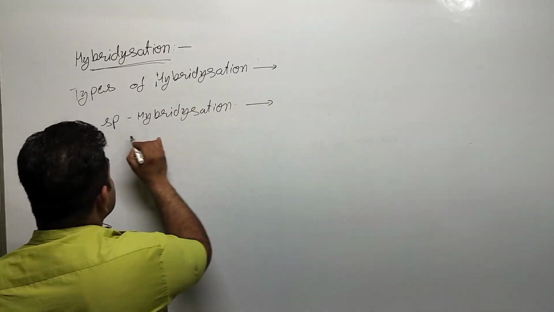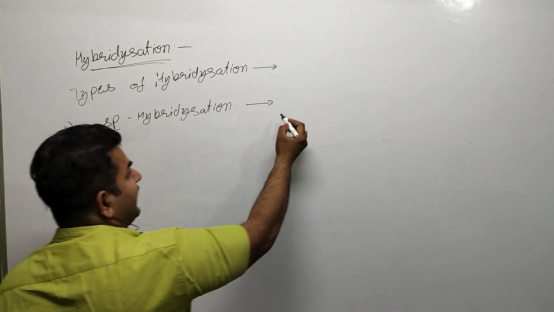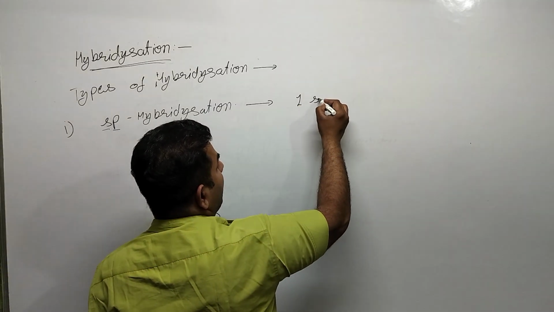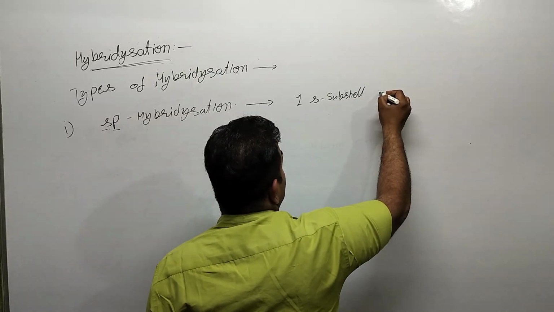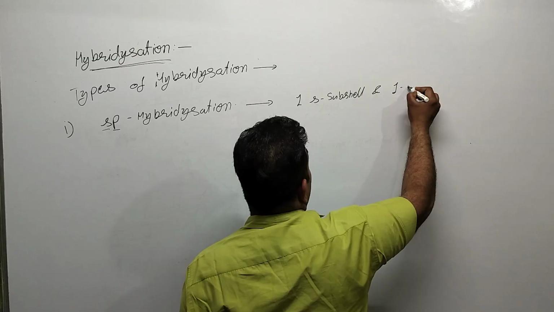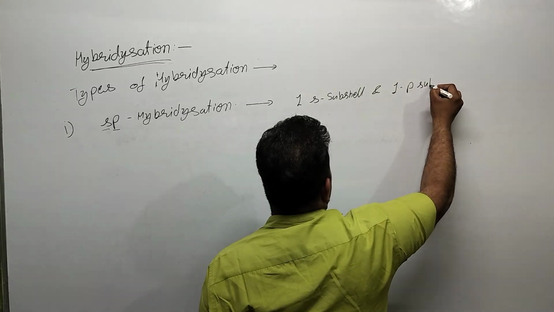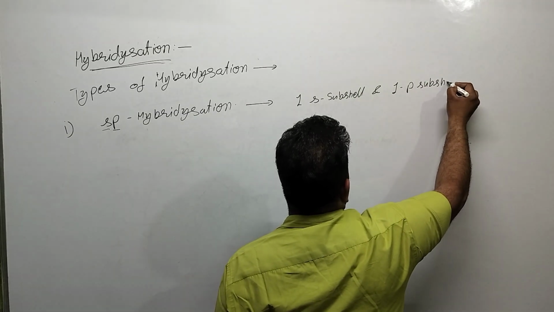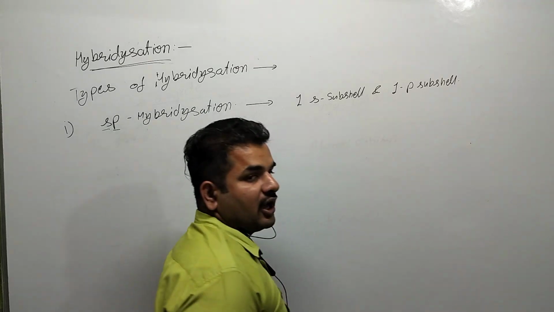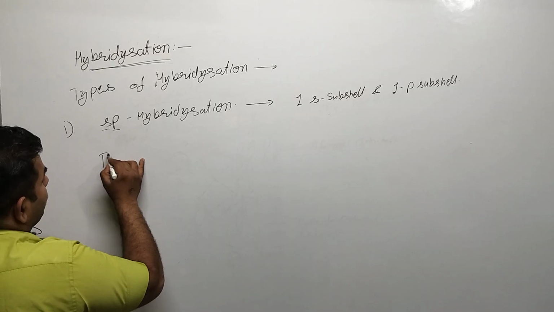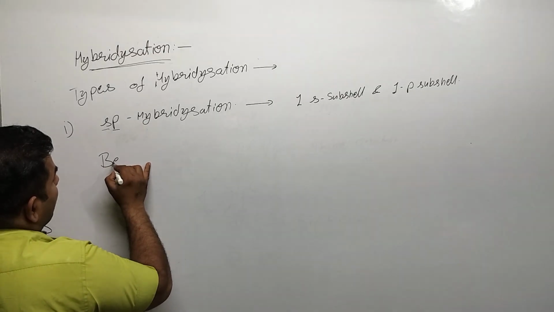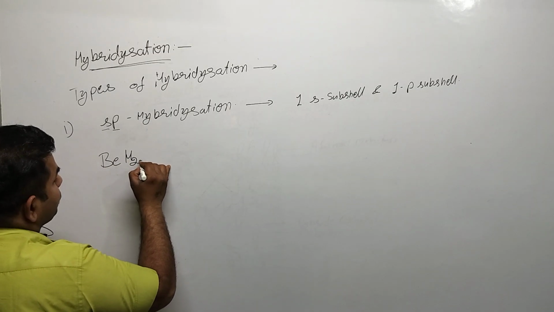And sp, as their name says, that means one s subshell orbital and one p subshell orbital can participate in hybridization. We take the example like we have beryllium hydride.